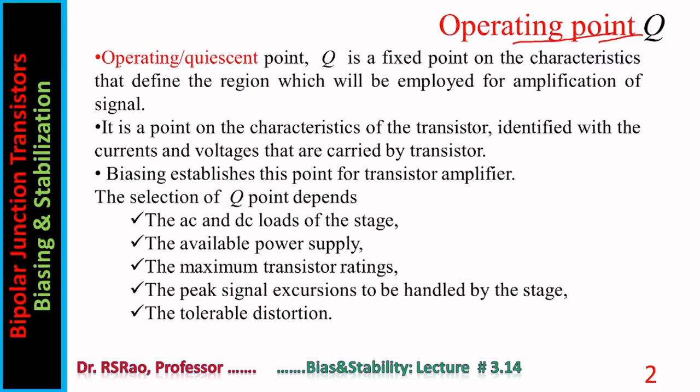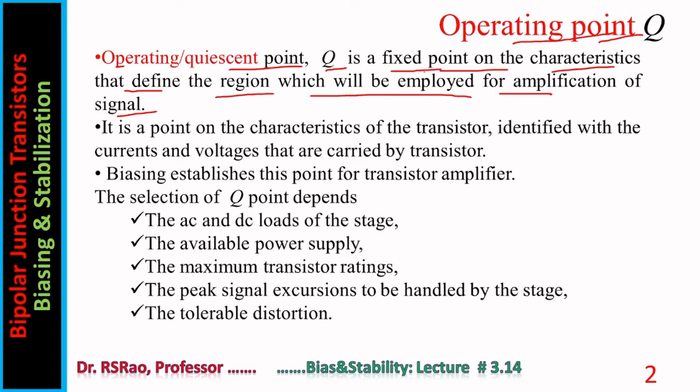The operating point is also known as the quiescent point. Q is the symbol. It is a fixed point on the characteristics that define the region which will be employed for amplification of signal.